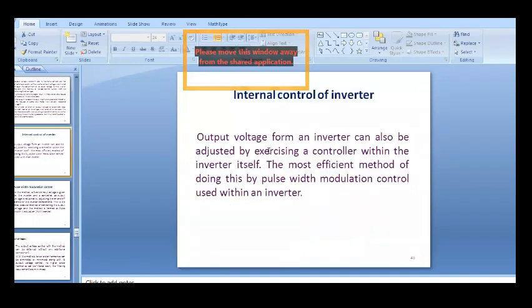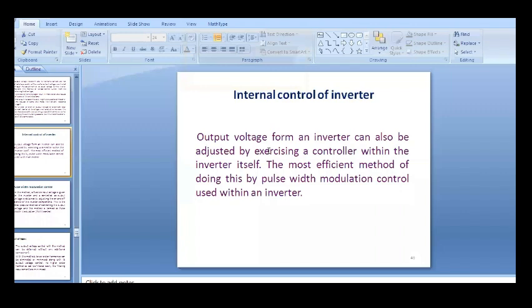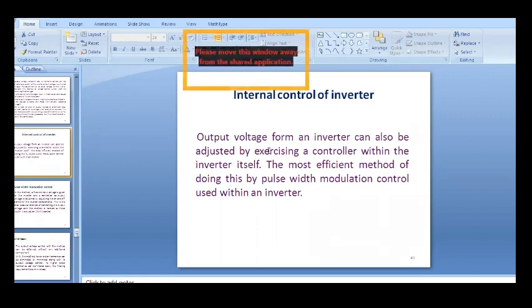Next is how we control the inverter internally. That means some internal circuitry modification is employed. Actually, which type of circuitry modification is employed to change the internal control of the inverter?